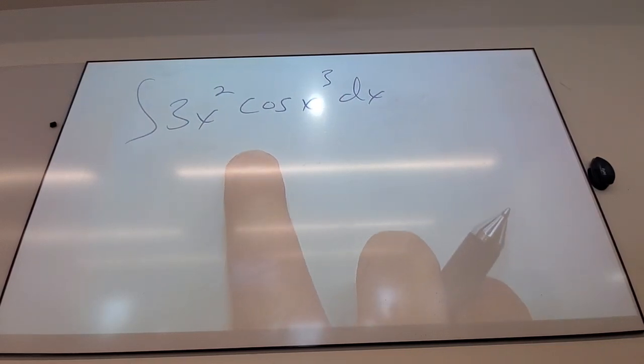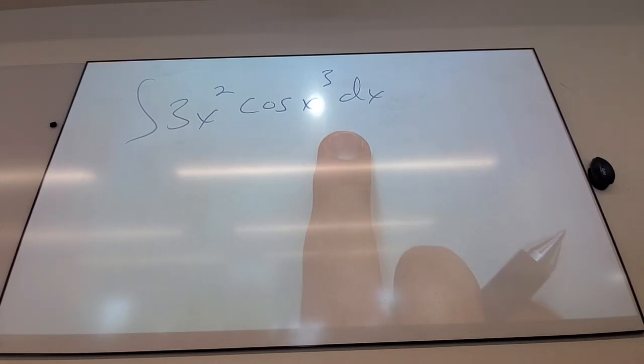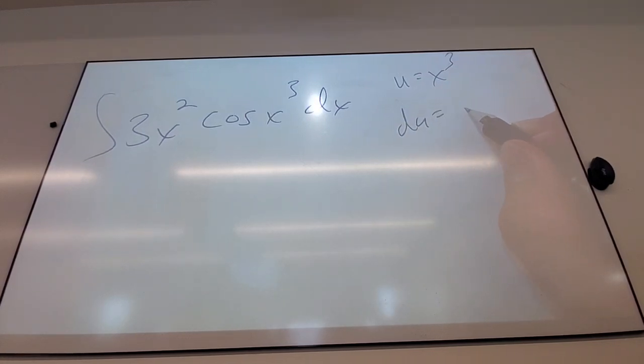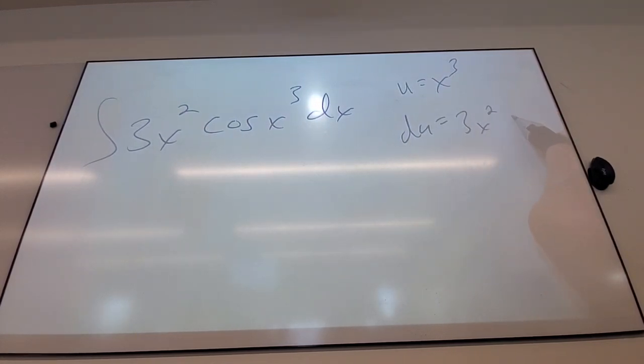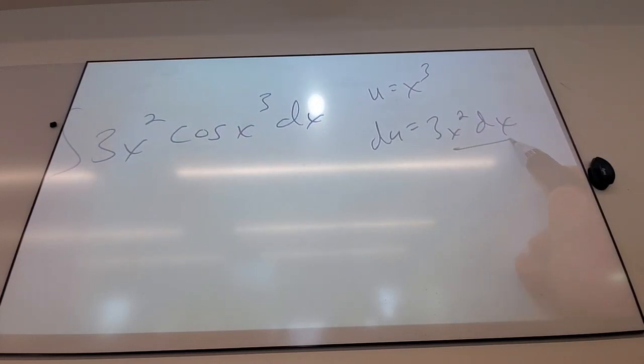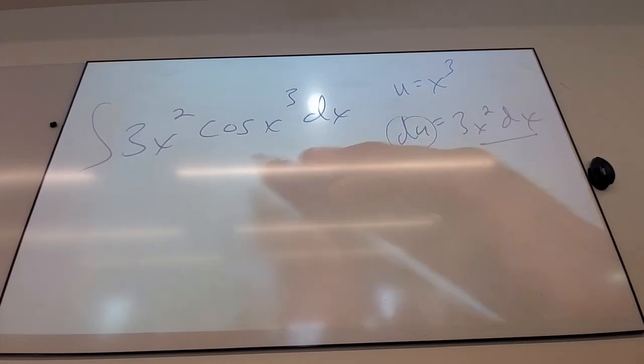What's the inside function here? x cubed, it's inside the cosine. So if I let u equal x cubed, what's du? 3x squared dx. So wherever I see a 3x squared dx, I can replace it with du. Do I see a 3x squared dx? Yes.